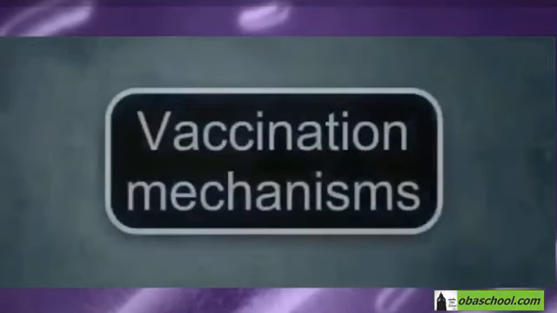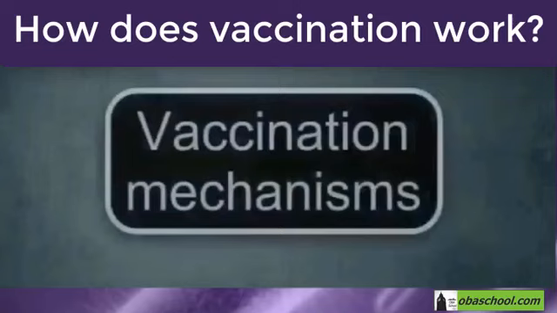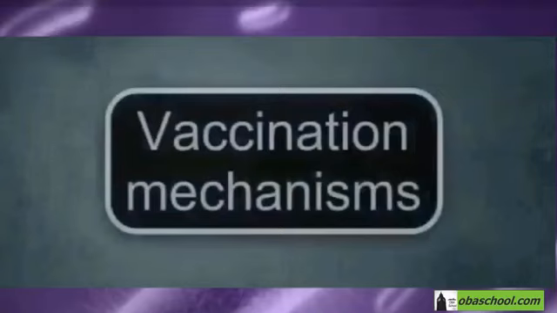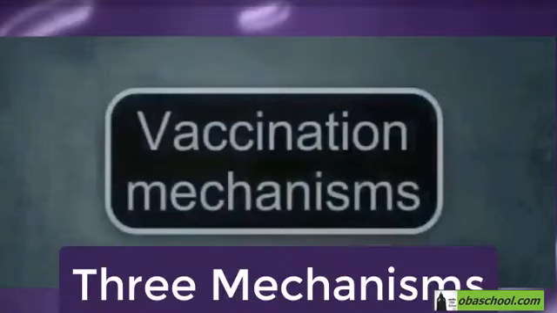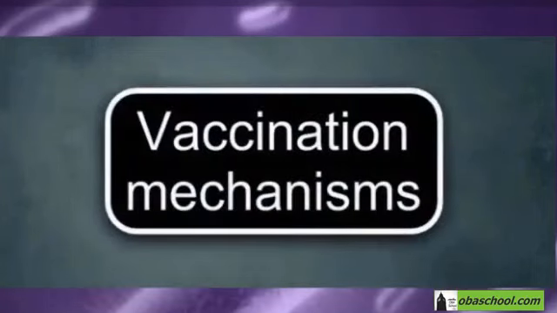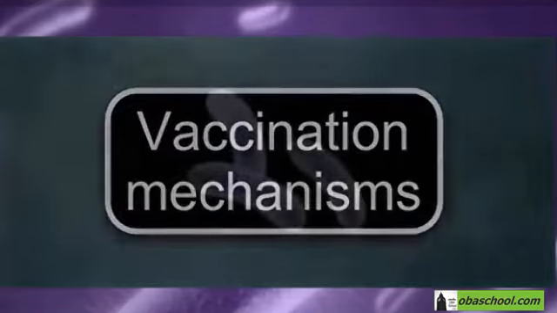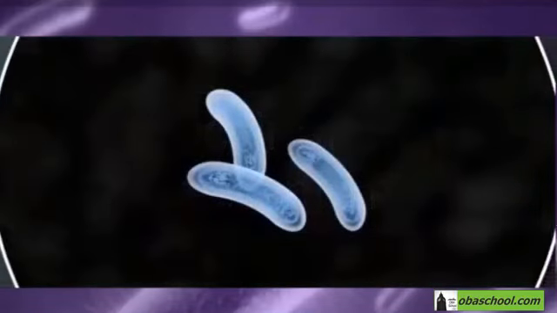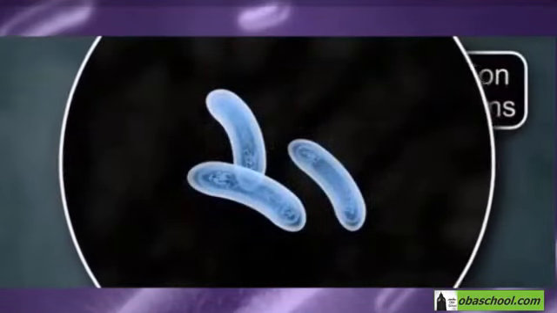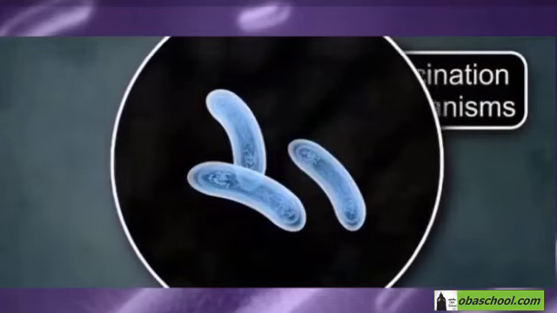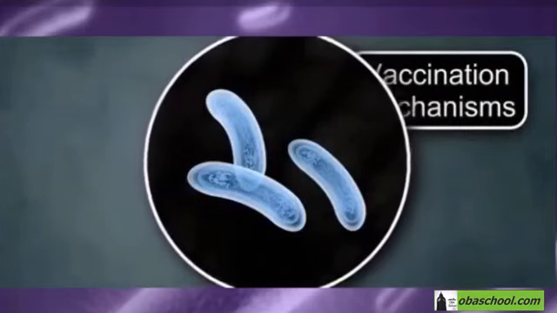So, how does the vaccination work? There are actually three mechanisms of vaccination. Number one, a harmless or weakened form of a microbe is introduced so that it can cause very mild disease symptoms and trigger the immune response.